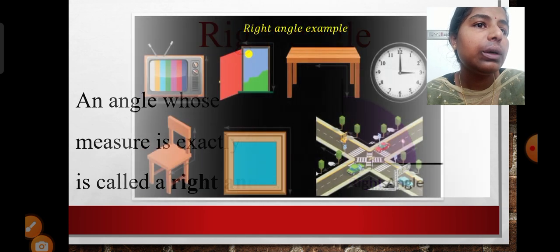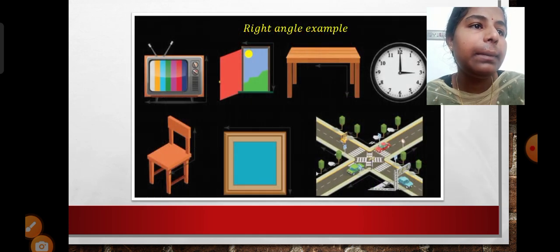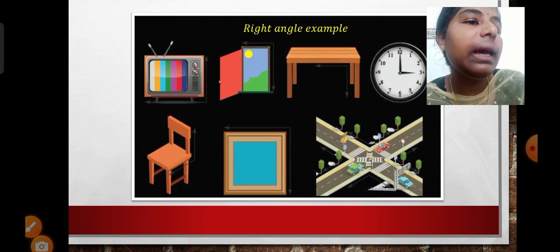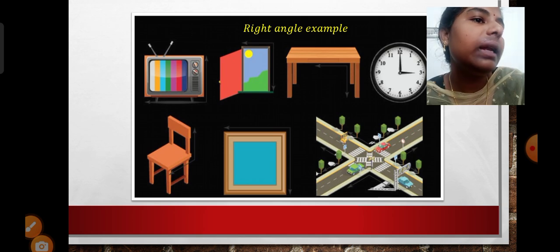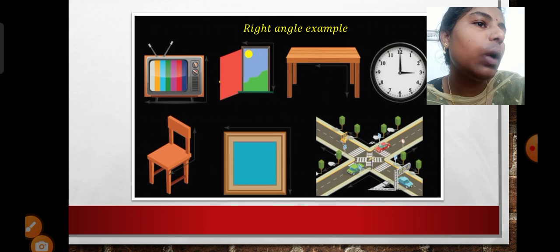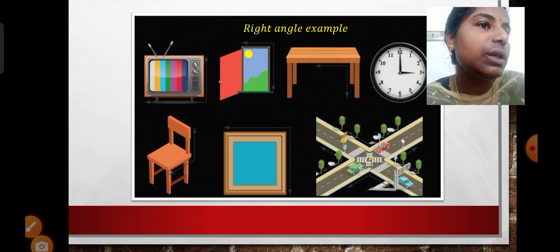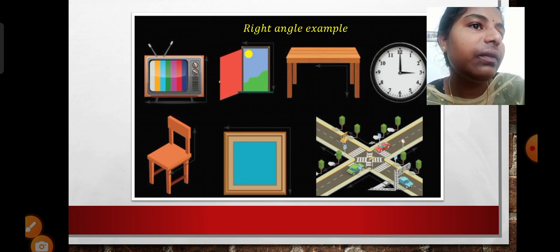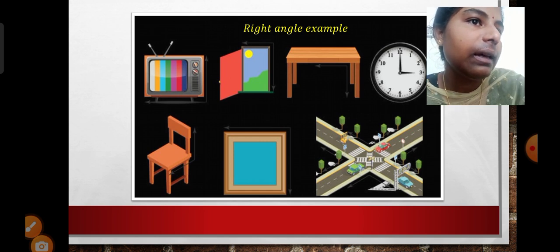Some real life examples I have given. First, the clock is a better example. When the big hand is on 12 and the small hand is on 3, what is the angle? It is a right angle, exactly 90 degrees. If we measure a table and its leg, it is 90 degrees.